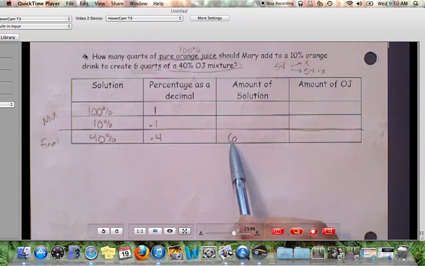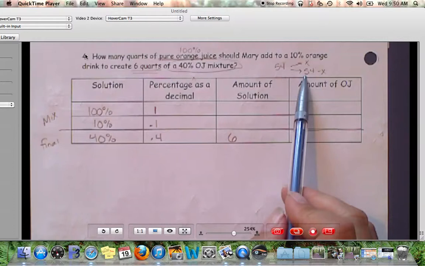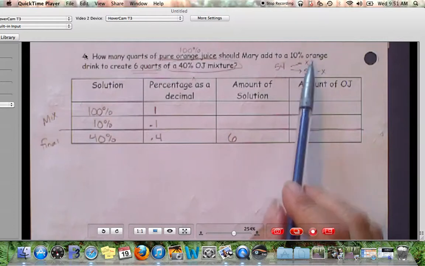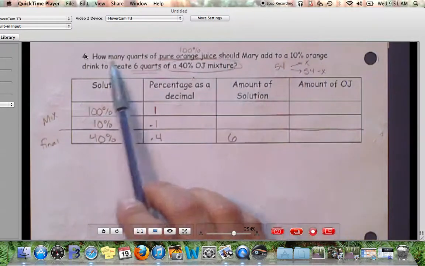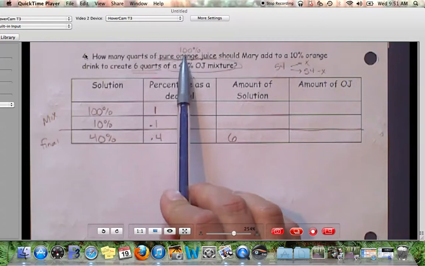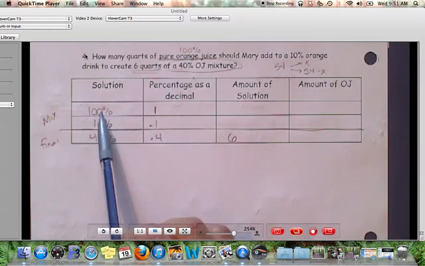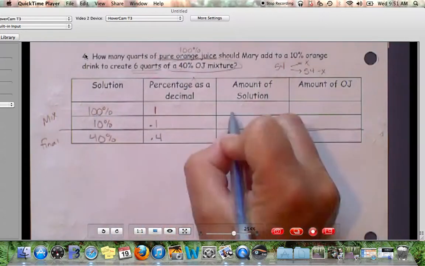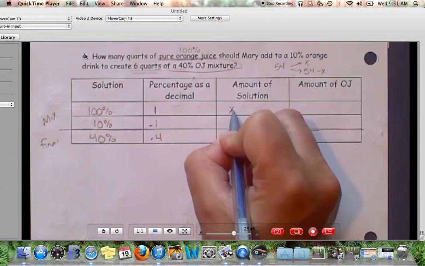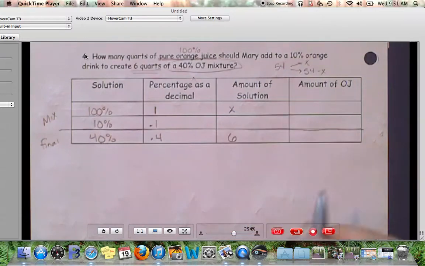The total in this case actually does fit in the chart for the cost of mixture problems. And then you pick a variable. Now we want to know how many quarts of pure orange juice you should add. So the pure, the 100%, that's the big question. That's what we really want to find. So generally we call that X because that's our major unknown.